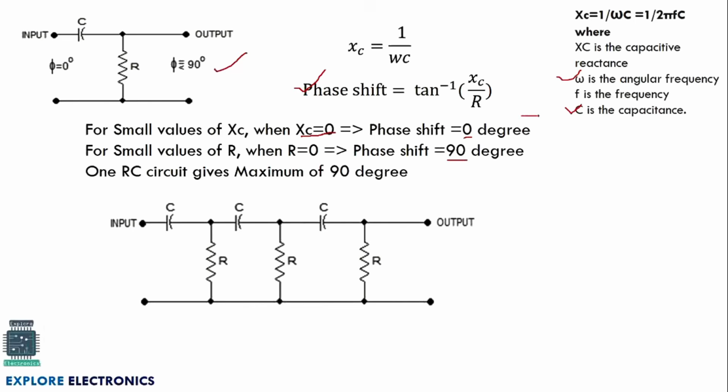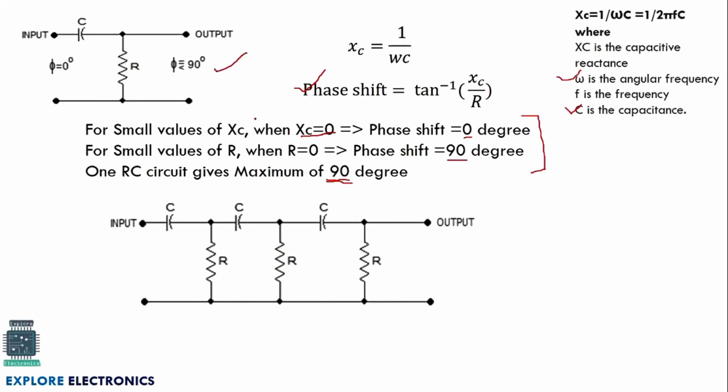A single RC network is going to provide a maximum of 90 degree phase shift. But if we use two such combinations of RC networks, we can expect a 180 degree phase shift. But the maximum phase shift we can expect is 90 from one pair. It is difficult to get the total phase shift of 180 degree if you use two such pairs.